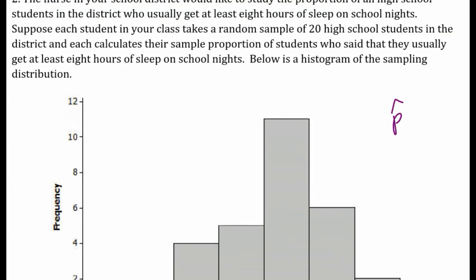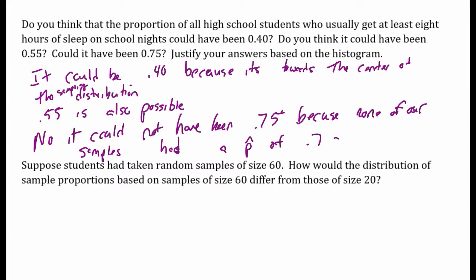The highest it went was 0.7 or greater. The highest possible p-hat we could have gotten was 0.7. So there's no way the true population proportion was 0.75 based on that distribution.